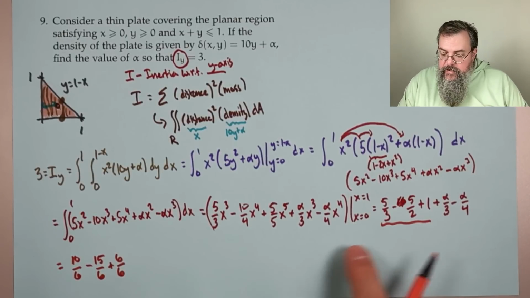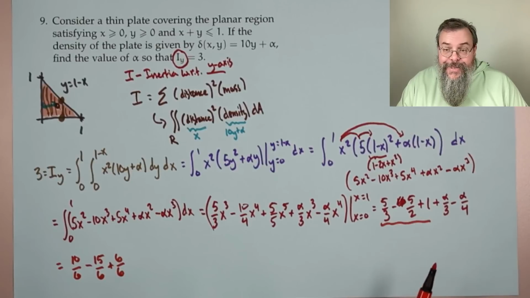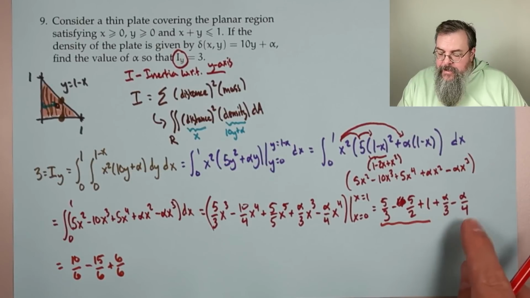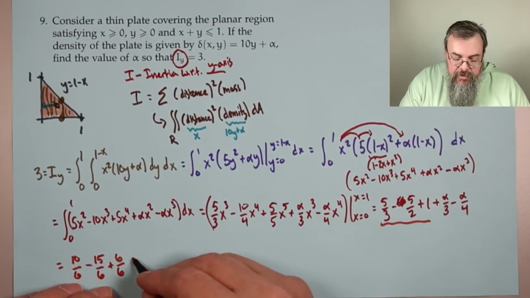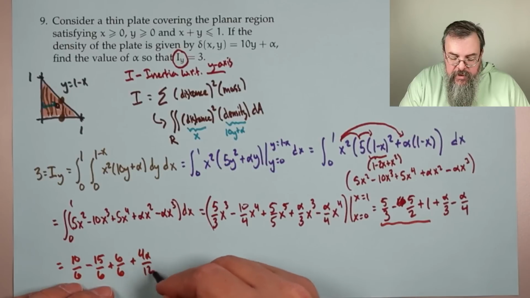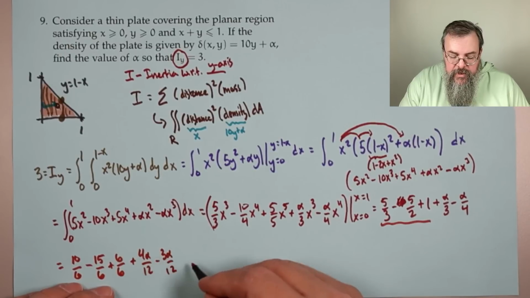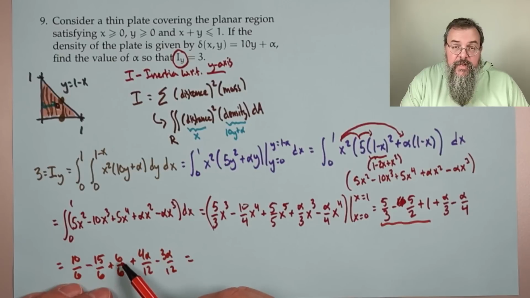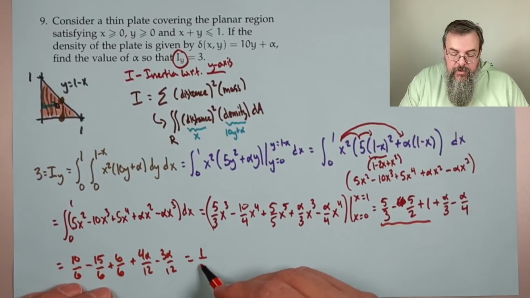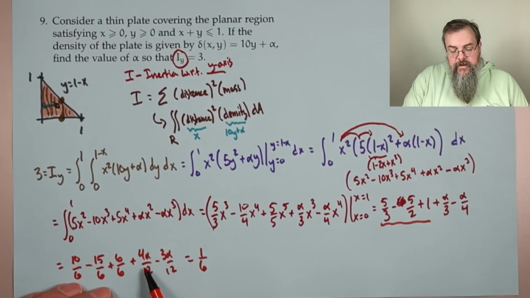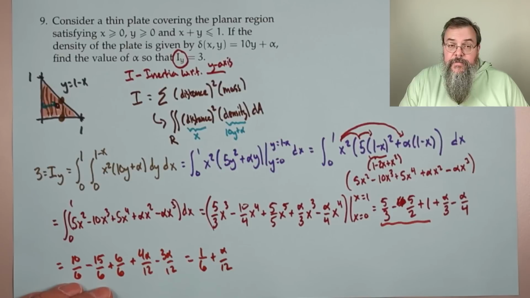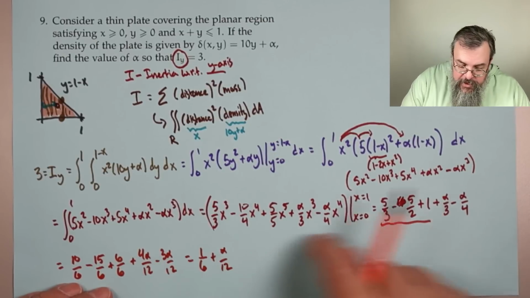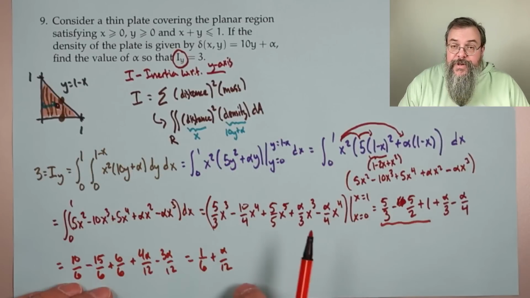So that allows us to add those together. And then we have here 3 and 4, common denominator is 12. So plus 4 alpha over 12 minus 3 alpha over 12. Well, 10 plus 6 is 16, minus 15, that gets us to 1 over 6. Sorry, actually not subtract, it's going to be added, right? 4 alpha minus 3 alpha, so add alpha over 12. But remember, working your way back, that equals 3.